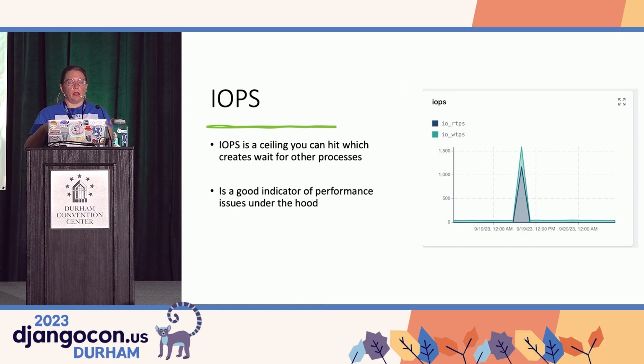IOPS is another thing that is a good idea to keep an eye on when you're looking at your memory settings and how everything is going. IOPS is a great indicator of I don't have enough working memory, I don't have enough shared buffers. Postgres is using the disk all the time to read and write queries. You should be seeing an IOPS spike if you're loading data every night, like if you have an ETL tool that loads data every night.